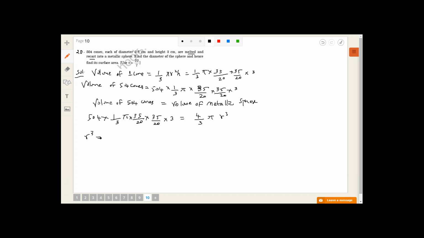So r cube will be equal to 504 into 1 by 3 pi into 35 by 20 into 35 by 20 into 3 into 3 by 4 into 1 by pi.